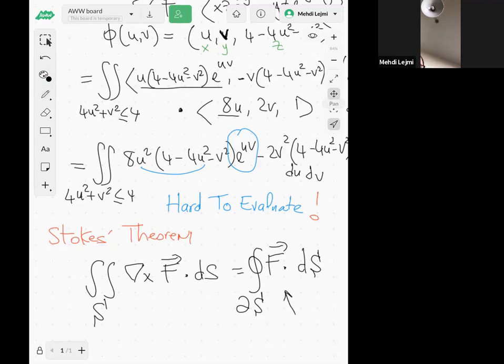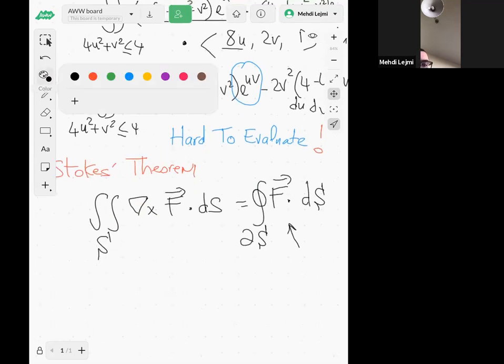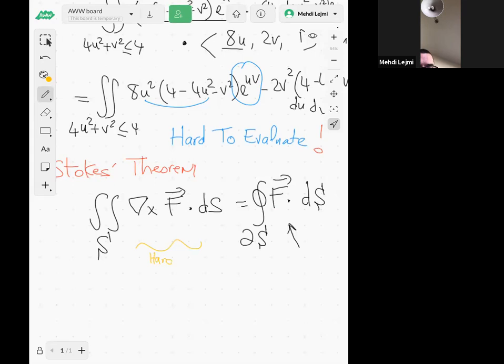This one is hard, so let's evaluate this vector line integral here.